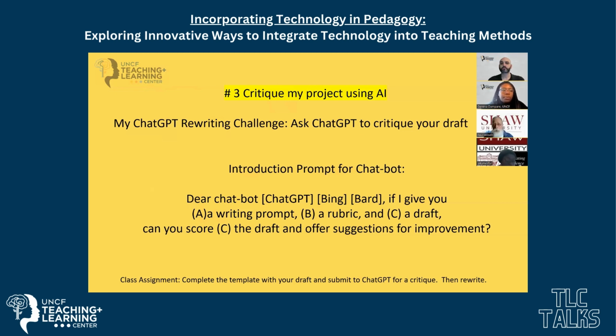So the first prompt is, Dear Chat Bot, will it be ChatGPT or something else? If I give you ABC, can you score C? That is, if I give you a writing prompt, a rubric, and a draft, can you score it? Now, I've tried this with some student work products.